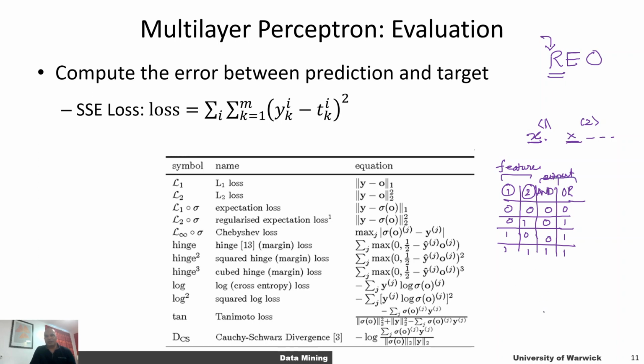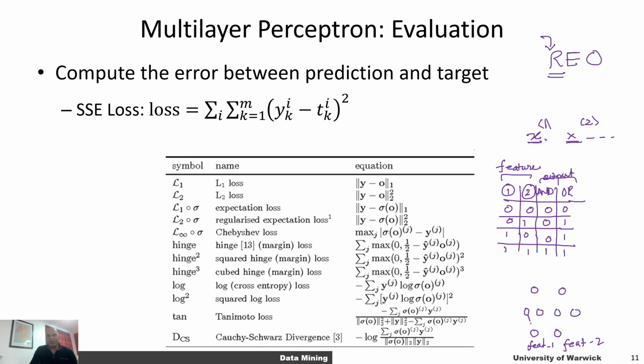So you can have two outputs. In this case, if you want to make a neural network for this, you would have two inputs and two outputs. You can have more than two outputs as well. These inputs are going to correspond to the features: this is going to be feature 1, and this is going to correspond to feature 2. And then you can have a number of neurons in the hidden layer. That number is going to be selected as a hyperparameter. So let's say we have 4 neurons in the hidden layer.